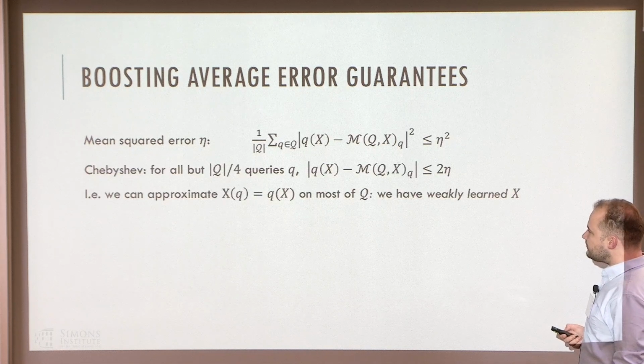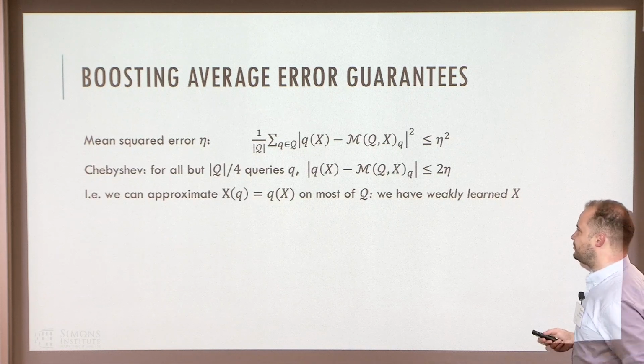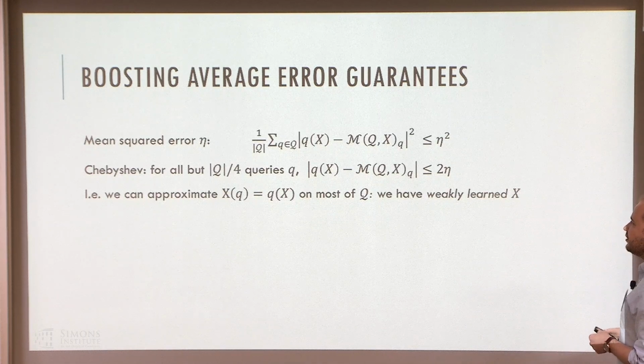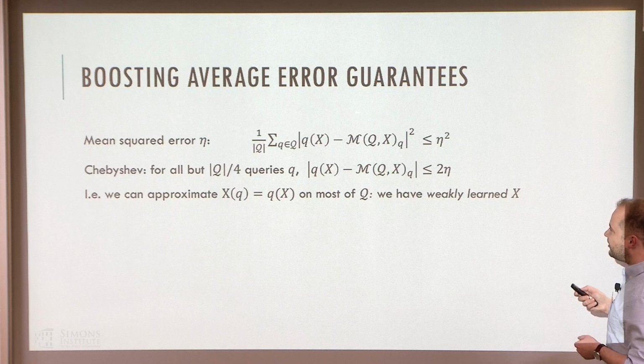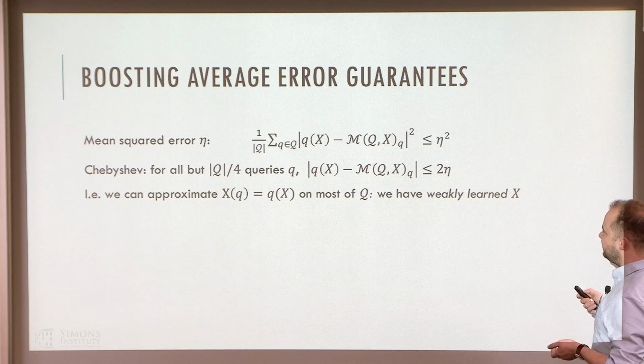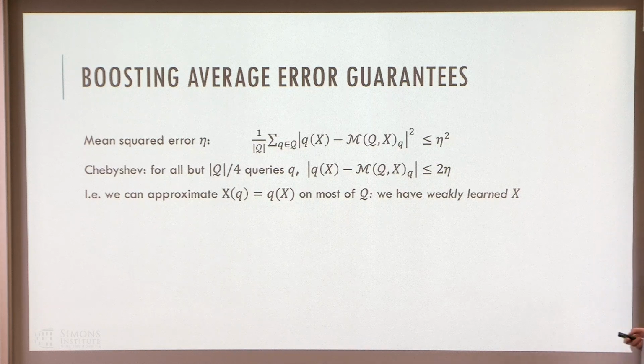Okay, and you first can observe that, just by Markov's or Chebyshev's inequality, knowing that the average squared error is small means that for most of the queries the error is small. So say with these numbers I can say that for all but 1/4 of the queries the error is bounded by twice this eta.